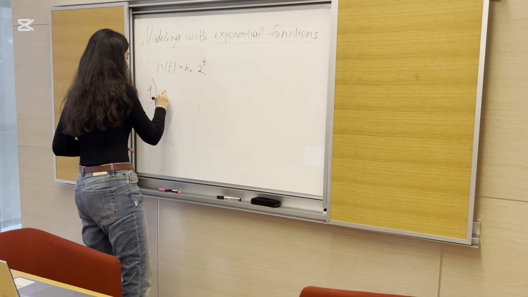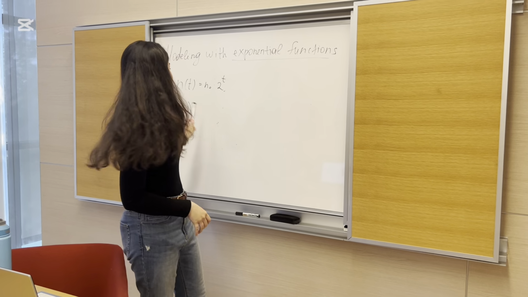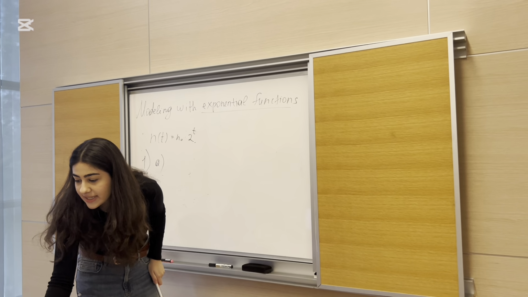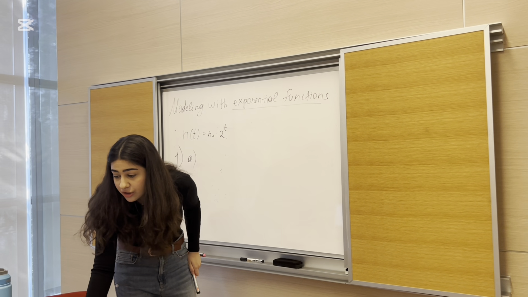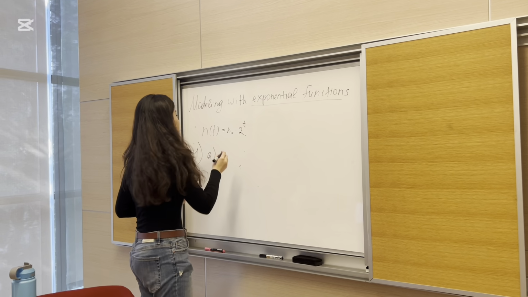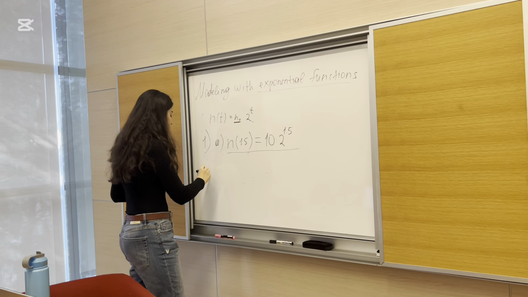A: we need to find an exponential model for the number of bacteria in the culture after t hours. It initially has 10 bacteria, so our initial number should be 10, and it doubles every 1.5 hours. That's 10 multiplied by 2 to the power of t divided by 1.5. This is our equation.